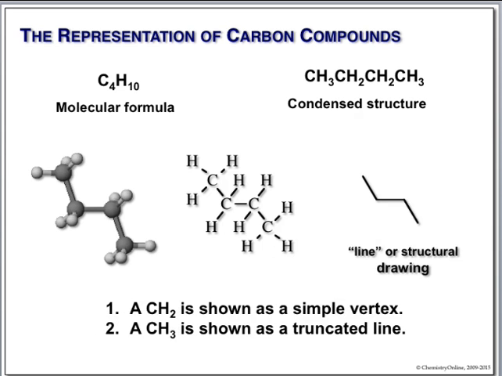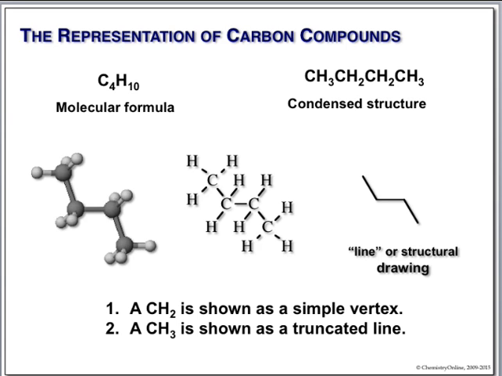Now when you draw a line drawing, you are again making the assumption that whoever sees this knows that the line coming off and terminating like this is actually a CH3. If you have a vertex, it's a CH2.